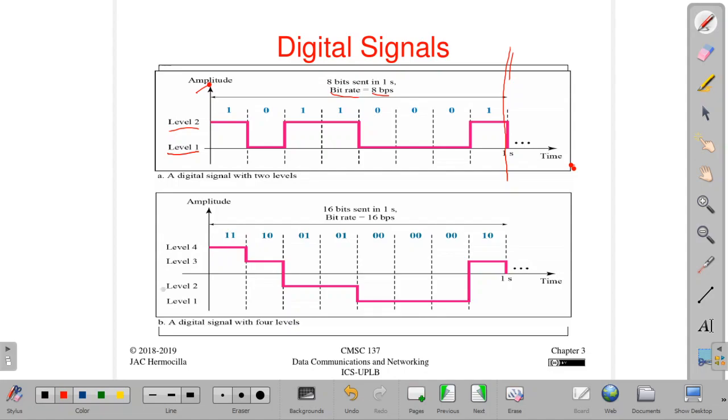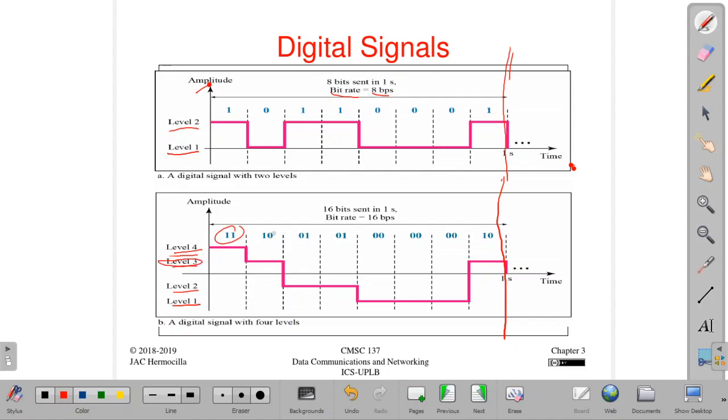Now if we have this example with 4 levels, so we have level 1, level 2, level 3, level 4, which can represent voltage levels, for example. Then in a given second, if we have 4 levels, we can map level 4 to 1 1.